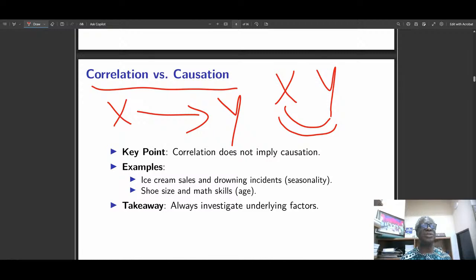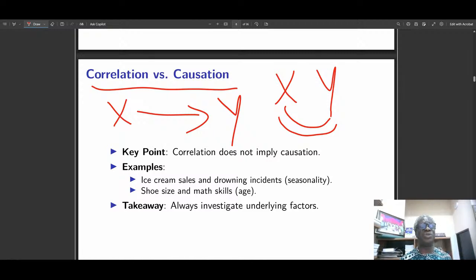But don't extend beyond establishing a relationship to now claiming causation. Don't go to that point. Simply, when you are interested in correlation, look at relationship or no relationship. If there is a relationship, then what type of relationship, positive or negative.